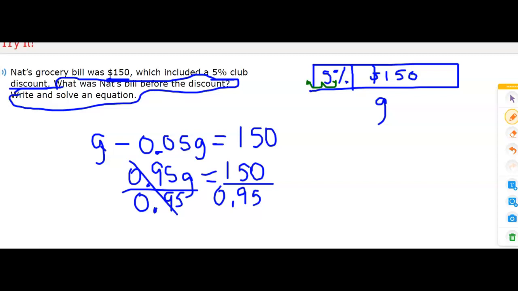It cancels out on this side and we're left with G. And then we take the 150 divided by 95%, and that equals $157.89. So the total grocery bill before the discount was $157.89.